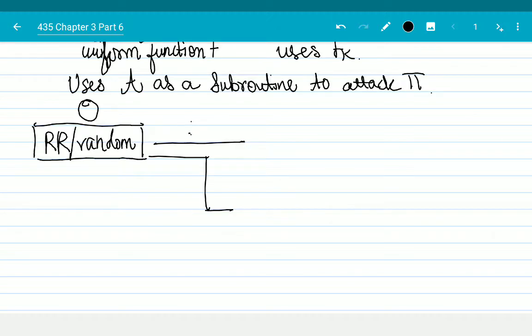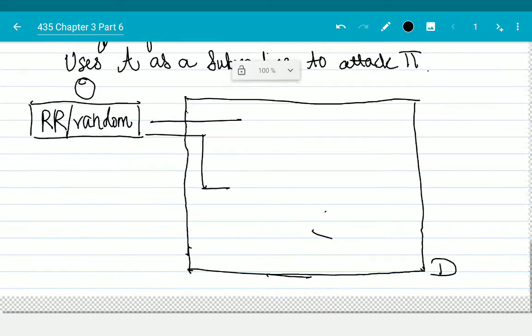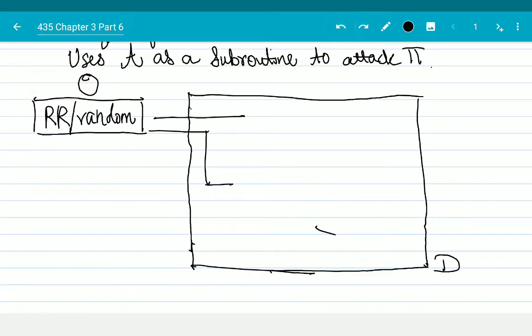And here's what my distinguisher D is going to do. Whenever the adversary A tries to query a message, A is sending a message M, right?